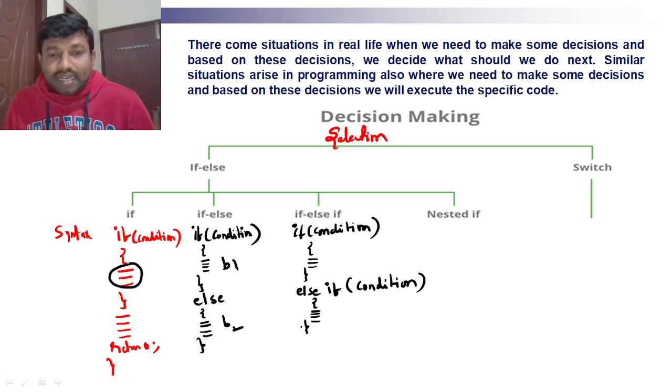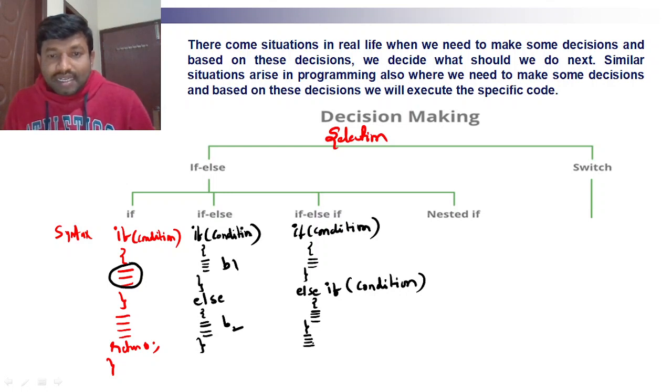For example, what kind of grade is obtained by the student based on percentage of marks? If percentage of marks is more than 90, you can say student has got the grade A. And if percentage of marks is greater than 80 and below 90, you can say student has got the grade B. So on, you can test multiple conditions. You can write any number of else if conditions.